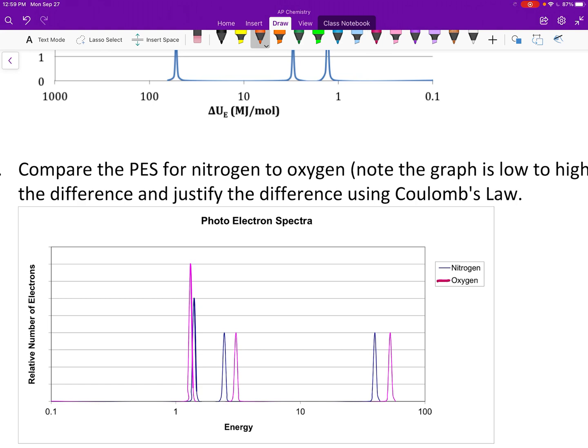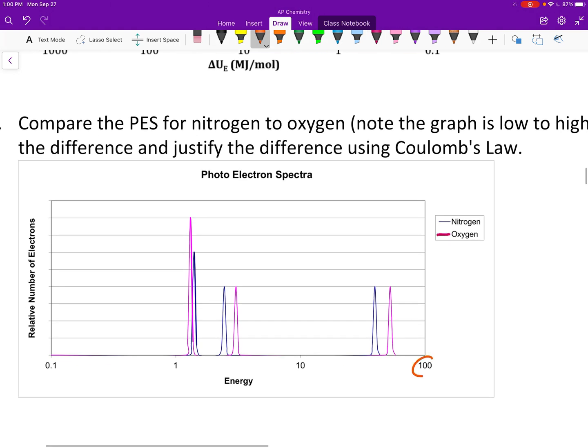So just notice on this one, we have in this graph that this is going to be closest to the nucleus, and over here is going to be farthest from nucleus.